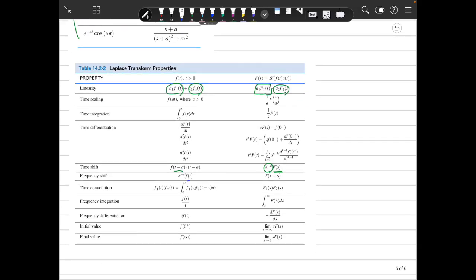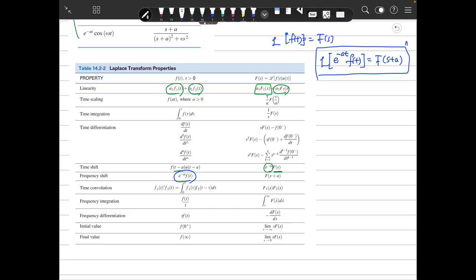Then we will use that. Here we have an important property: Laplace of f(t) is F(s), but Laplace of exponential minus at times f(t) will be F(s plus a). You will use this property.